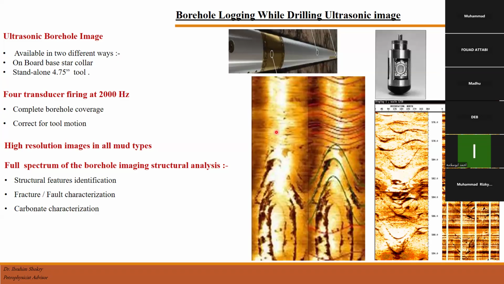The second property is the echo amplitude, which is an indication of the rock hardness, roughness, and fractures. A low echo amplitude may suggest that we have some sort of fractures, washout, and bugs. Okay.